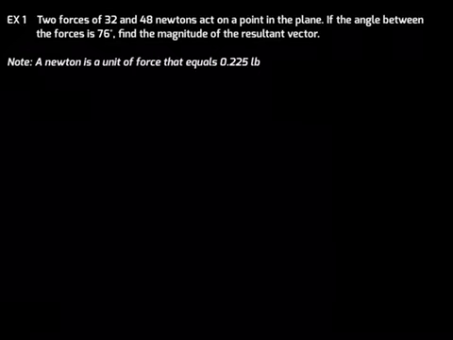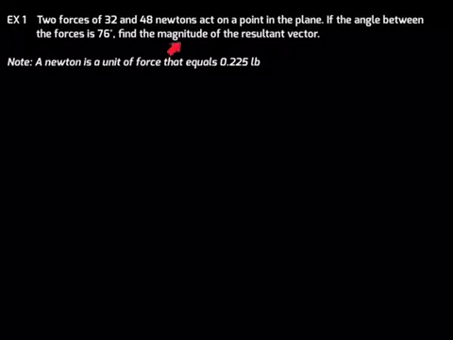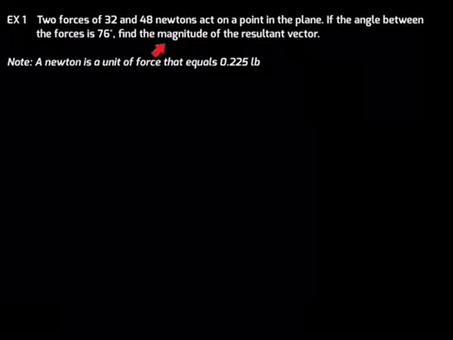All right, ladies and gentlemen, when they say find the magnitude of the resultant vector, magnitude means the length. Find the length of the resultant vector. Now, the resultant vector is found by taking our two vectors and adding them together. Okay? And I'm going to show you how, geometrically speaking, we take a vector and add another one to it, to find the resultant vector.